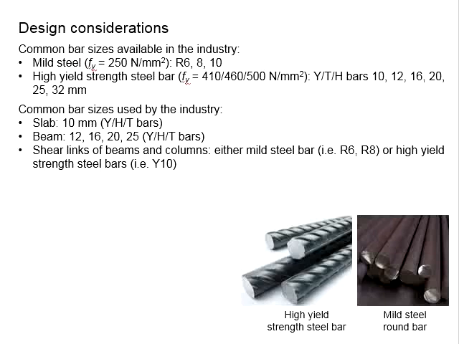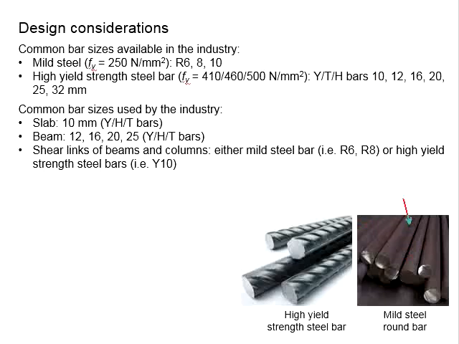We mentioned that R10 is not really common on the construction site, although it is achievable, because of the size of the rebar it is more difficult to bend manually. Therefore, the site workers prefer to use R6 and R8 instead. These are the typical mild steel bars.